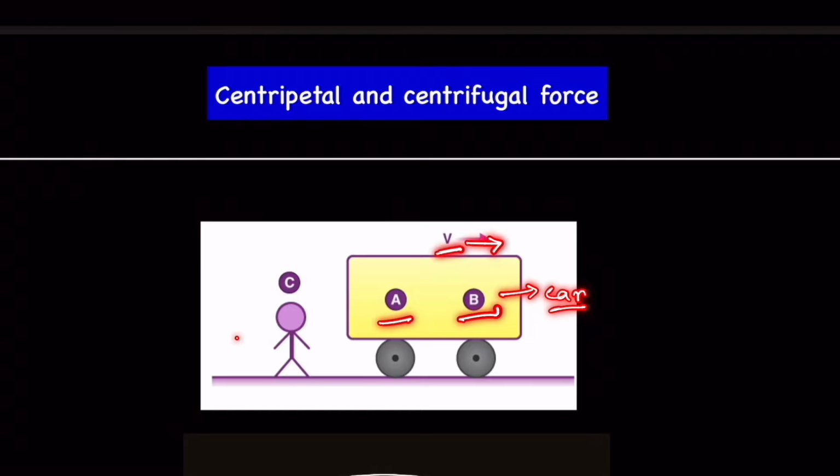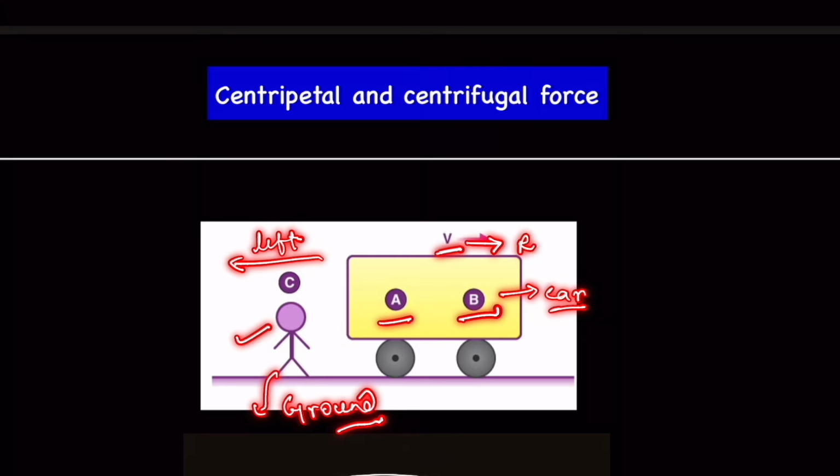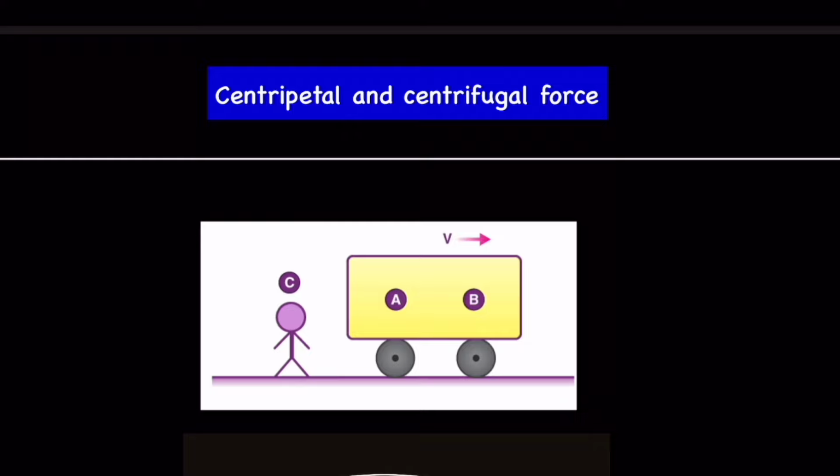One person is outside the car, present on the ground. According to persons A and B inside the car, they are at rest. So what they will notice is that we are at rest but C is moving towards the left, because the car is moving towards the right. But with respect to person C, the car is actually moving in the rightward direction.